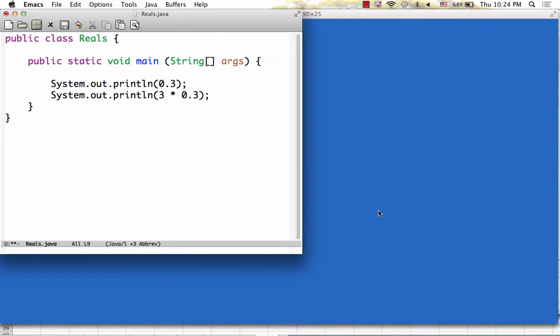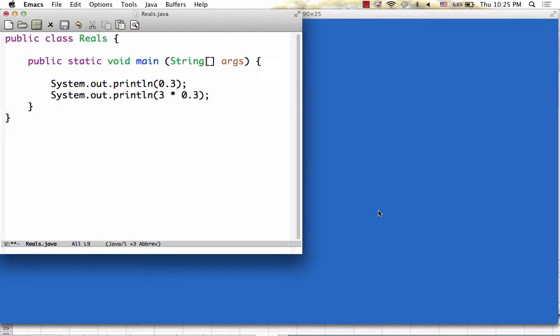Probably the most important thing to keep in mind about the representation of reals is that they are not precisely represented in the machine. It is an approximation of the number that we can represent in the computer, not the actual number. Let's take a look at an example to see what we mean.